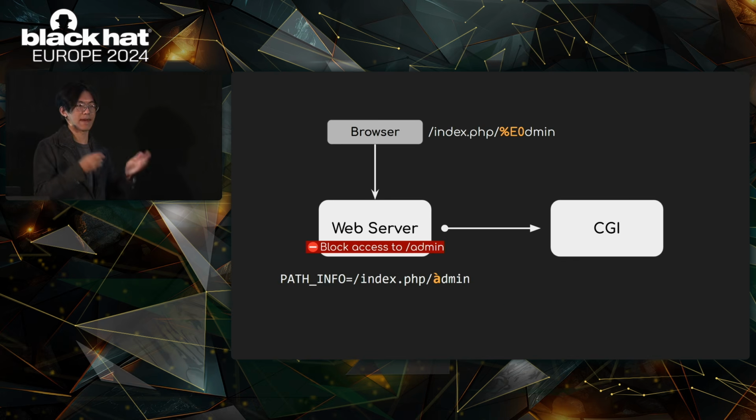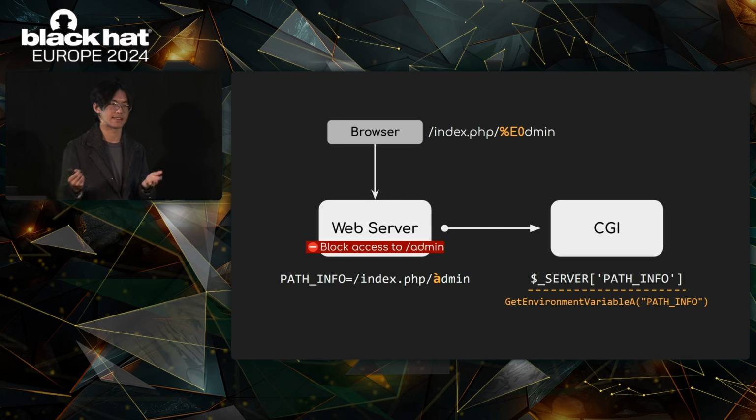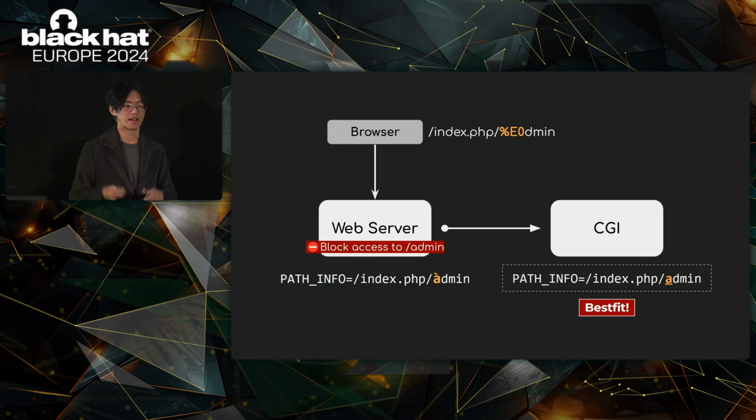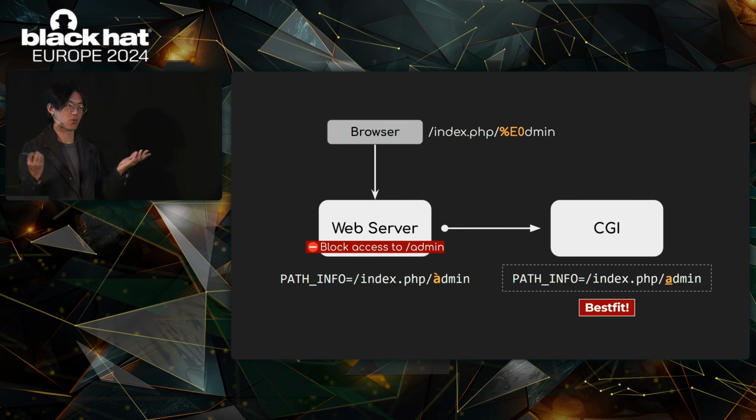Now it will be passed to the CGI program, and the CGI program uses the ANSI API to retrieve the environment variable. So now Best Fit is applied, and the path becomes the real admin path. This is cool, but it's still kind of an imagined case. Can we find a real-world case?